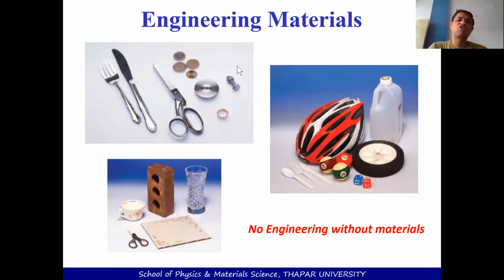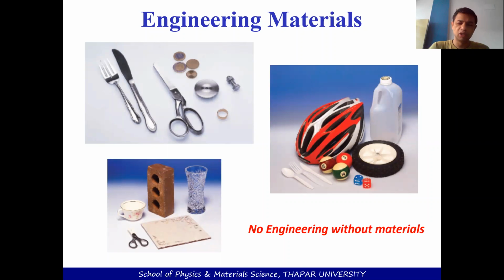So even if I define a material to be an engineering material which an engineer is going to use in his or her profession, it will still be a very vast category. Therefore, in the course of one particular semester, it is not possible to cover all such engineering materials which different branches of engineers will use in their profession.